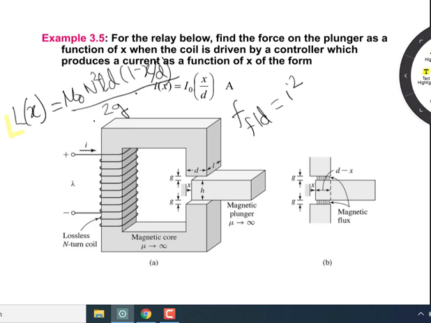Like if L is equal to i squared by 2, so it is giving us, if you do d/dx of this, what you will get.